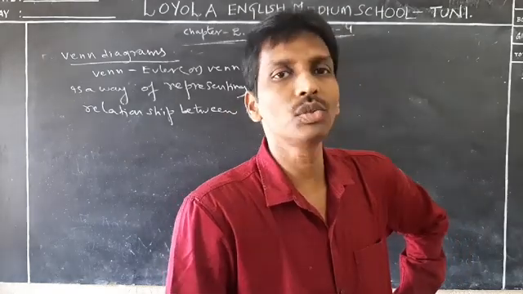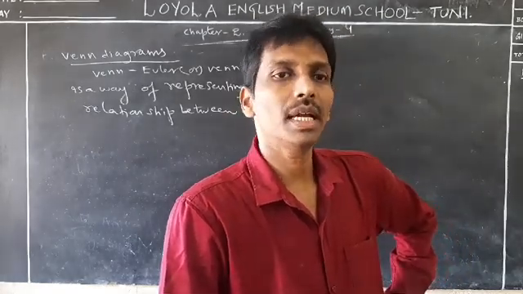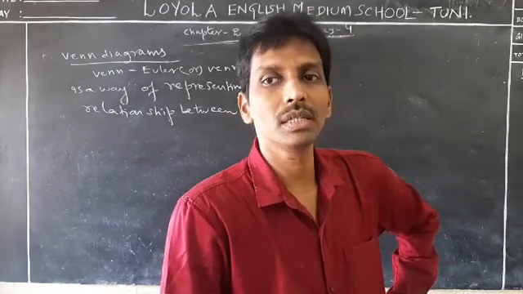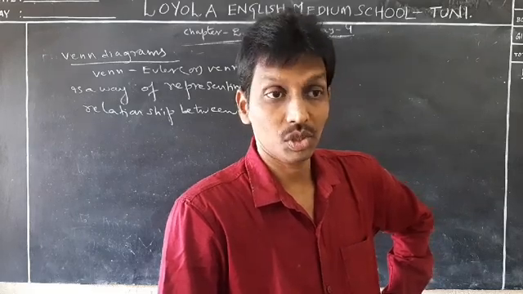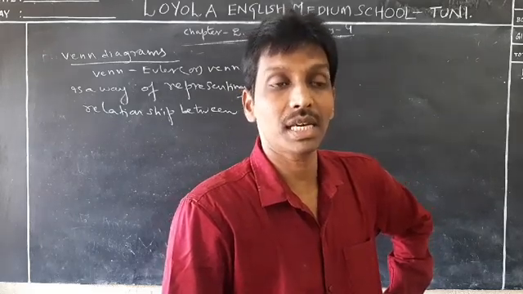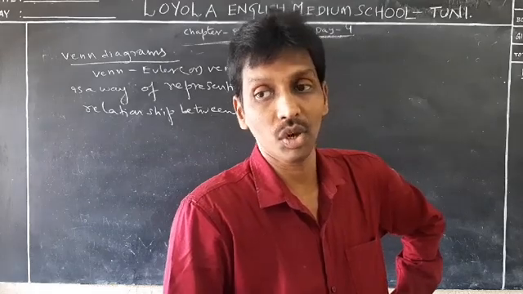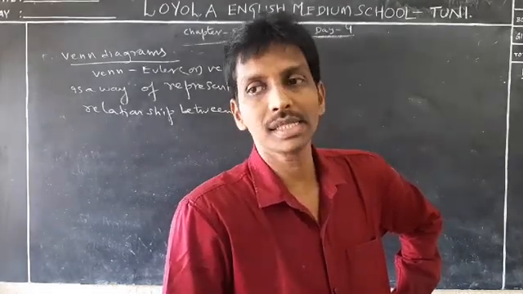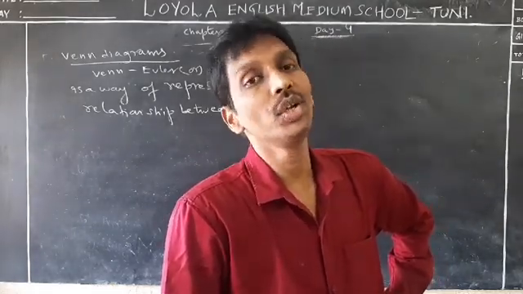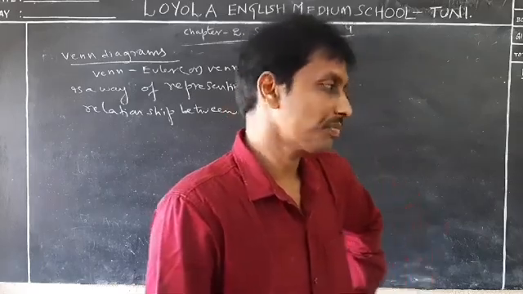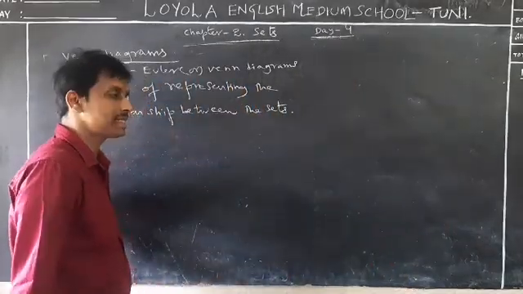So whatever diagrams you draw, the entire diagram we must represent in a rectangular box. That rectangular box represents the universal set. Why? Because we know very well every set is said to be a subset of the universal set. Yes or no?